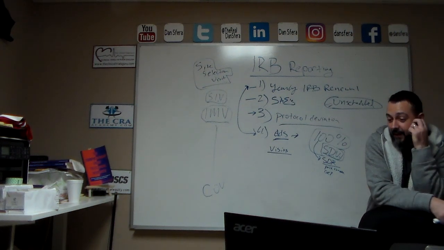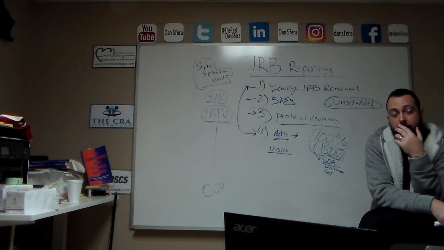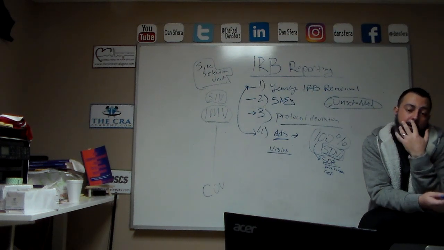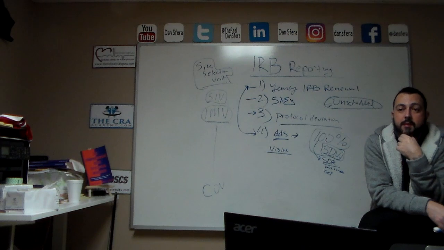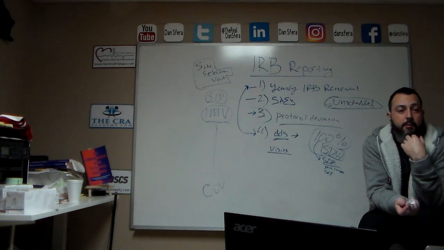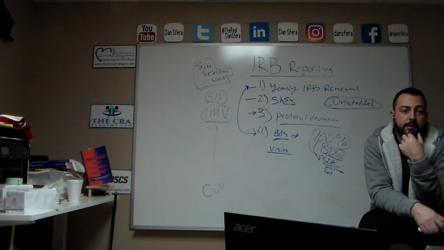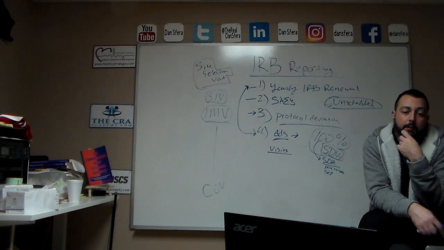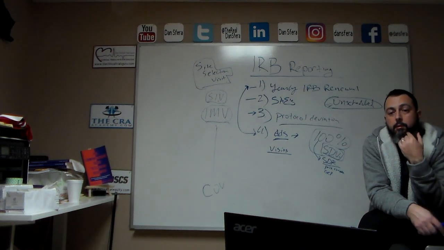But if you miss an SAE, and nobody knows about it till later, that's a big one. And if you miss a deviation and the patient gets harmed because they're not supposed to be in the study, that's a big one. Those kinds of things are big.